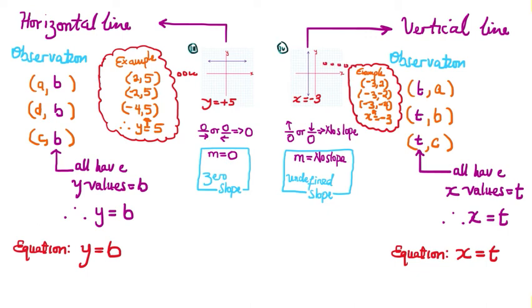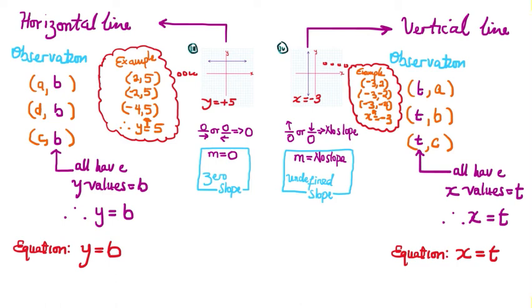Hope you're able to understand this. The big takeaway message is, if I'm given an equation of a line, I need to look at the m's, and from the m's I should be able to categorize the line as either positive or negative slopes.